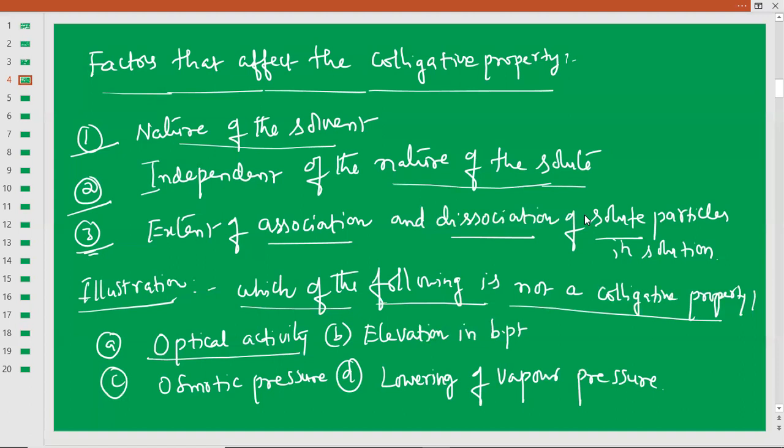So lowering of vapor pressure comes under this category. Elevation in boiling point and osmotic pressure also come under colligative properties. But optical activity does not, so optical activity is not a colligative property.